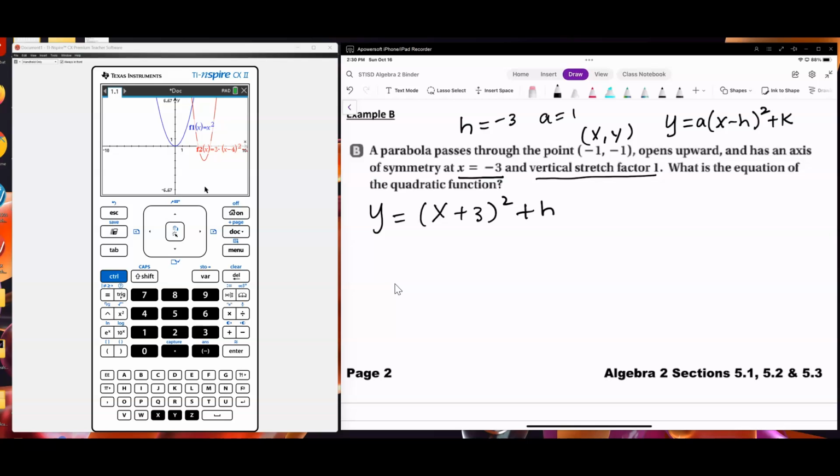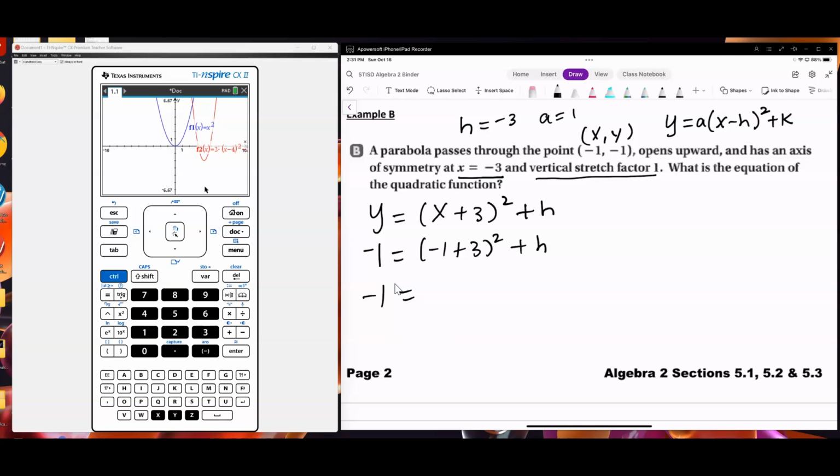So I'm looking for the y value of the vertex. They do give us a point (x, y), so I'm going to substitute so I can find k. Negative 1 is y, and x is negative 1, so we have negative 1 equals (negative 1 plus 3) squared plus k. We substituted what we do know, and we're looking for k.